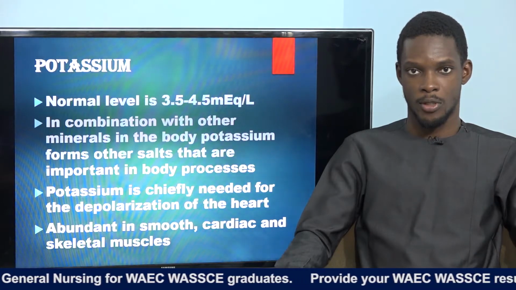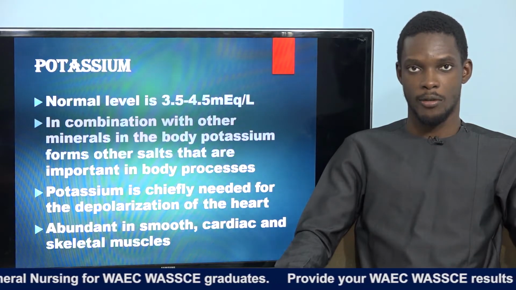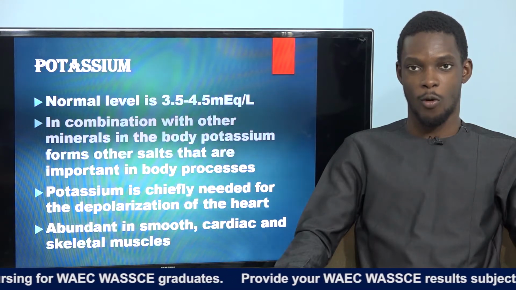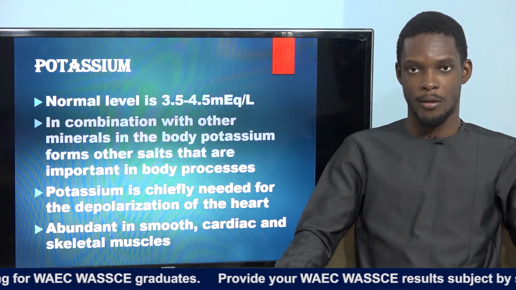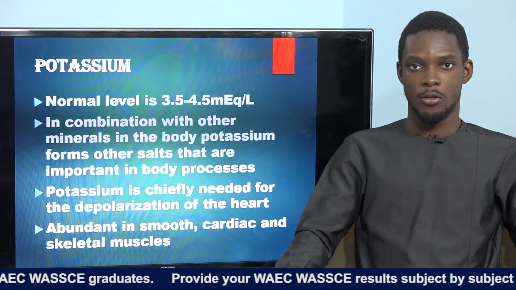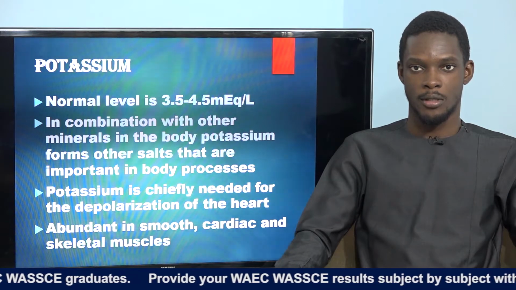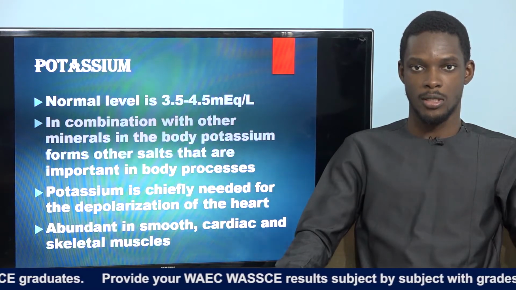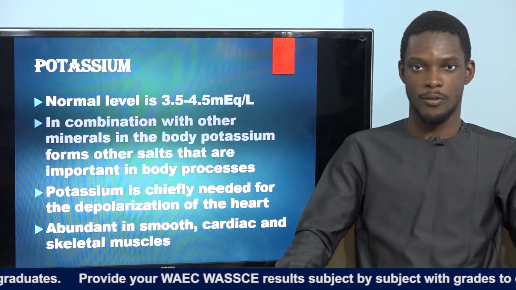Potassium. Potassium has a normal range of 3.5 to 4.5 or 5 milliequivalents per liter. In combination with other minerals in the body, potassium forms other salts that are important for body processes.